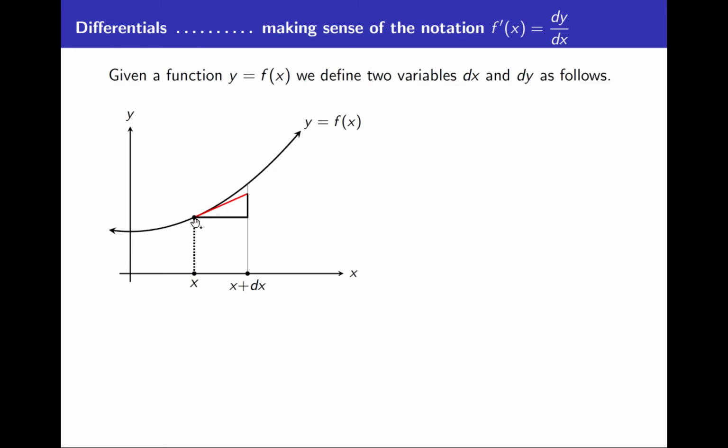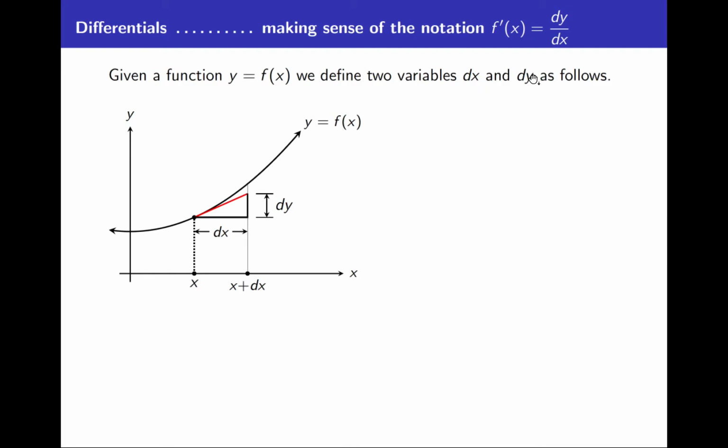And the horizontal side runs from x to x plus h, as we have here. So this horizontal side is the distance from x to x plus dx, so that's simply dx. We define dy to be the vertical side of this triangle. That's dy.